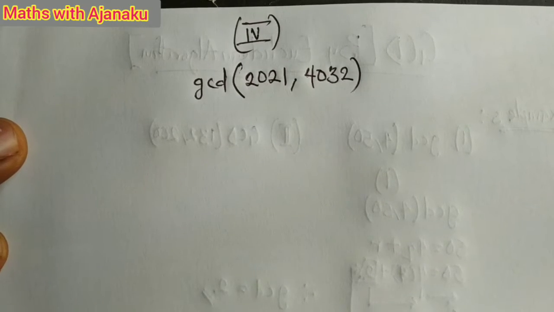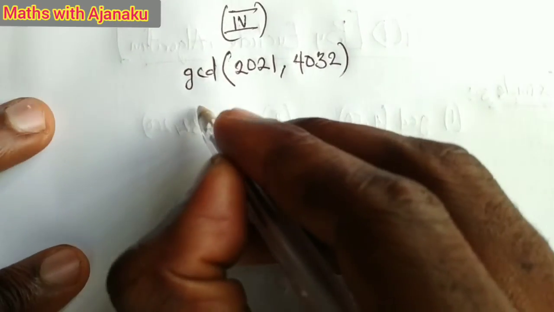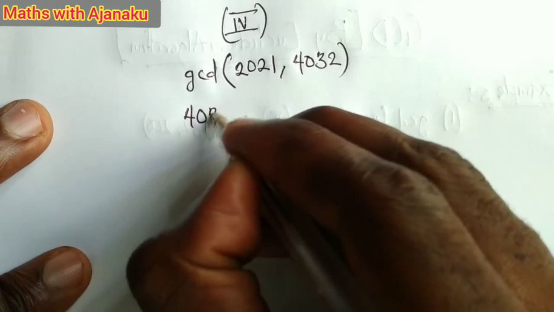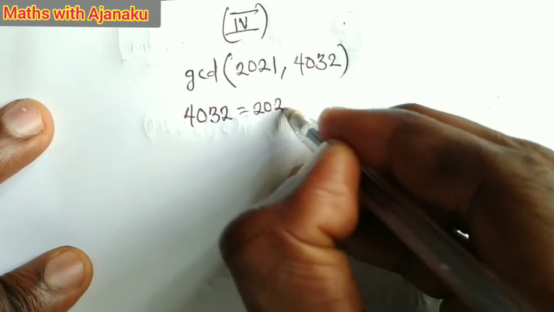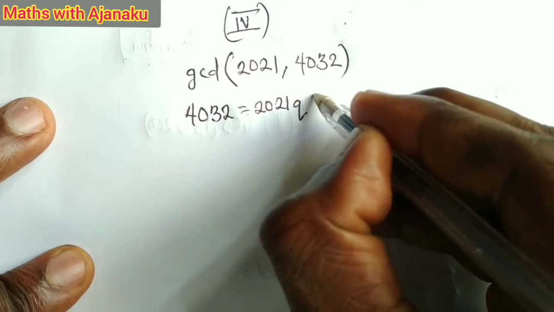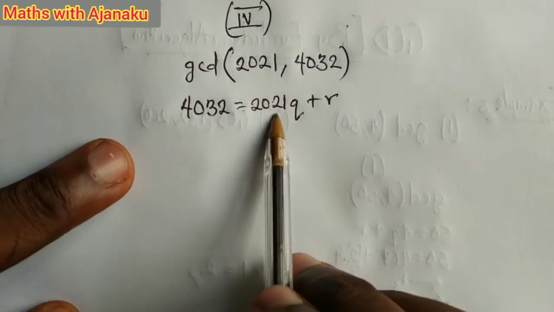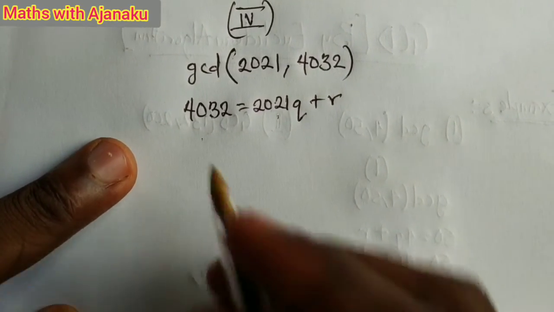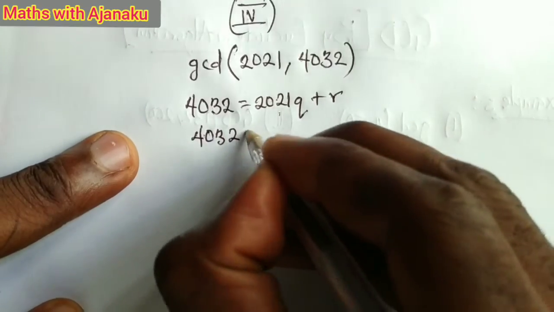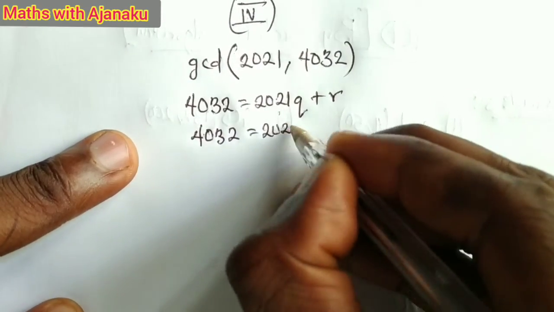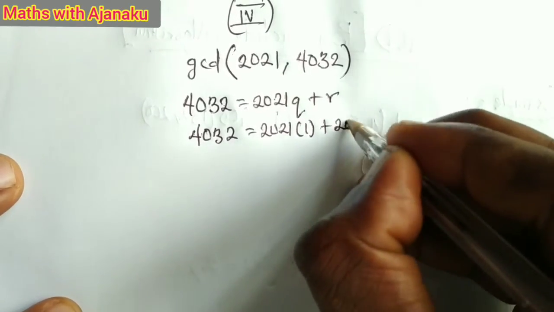By Euclidean algorithm, this can be interpreted as 4032 is equal to 2021 times some Q plus some R. Of course, this will go here once, so that's 4032 is equal to 2021 times 1 plus the remainder of 2011.